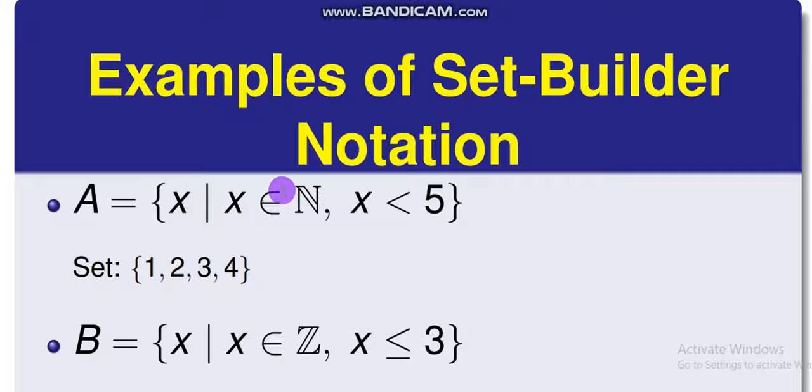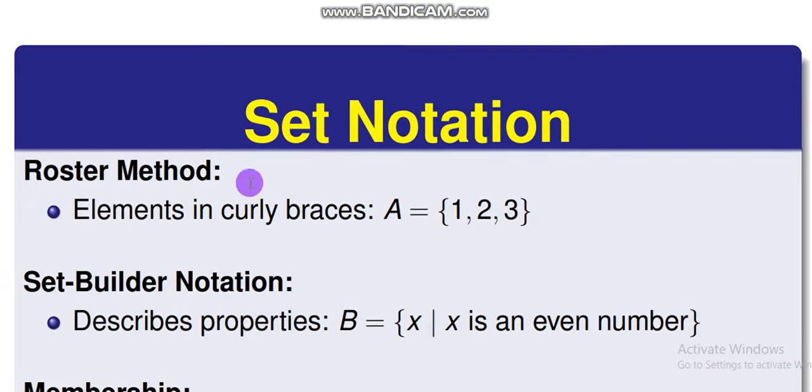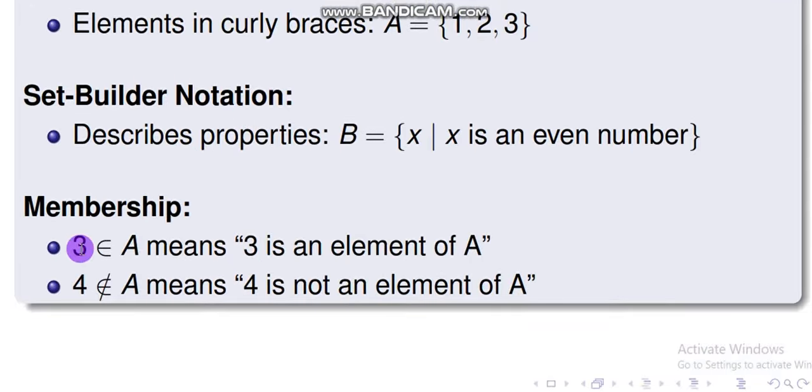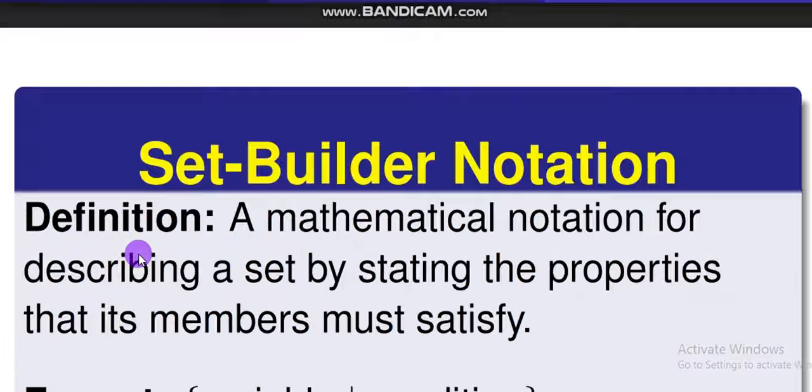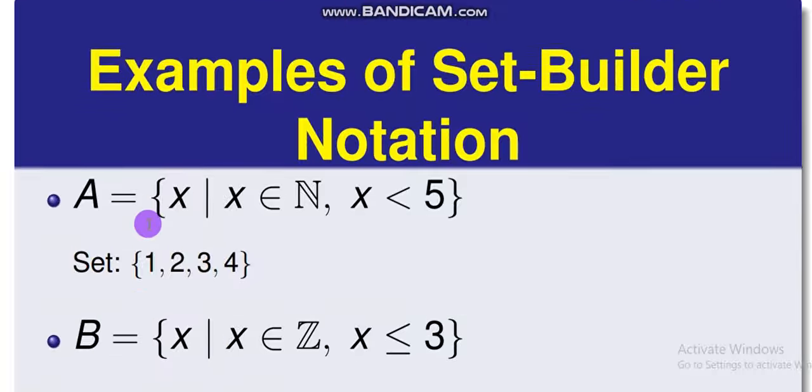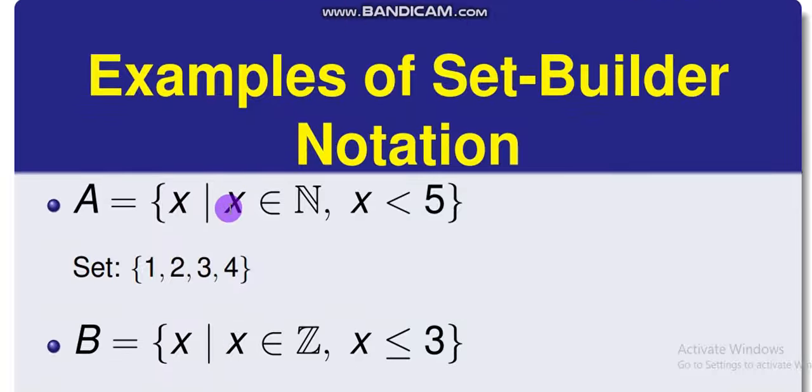And remember this symbol is an element of, we did it before, where we said 3 is an element of set A. So here the variable is an element of the set of natural numbers. Okay, that's what this means.